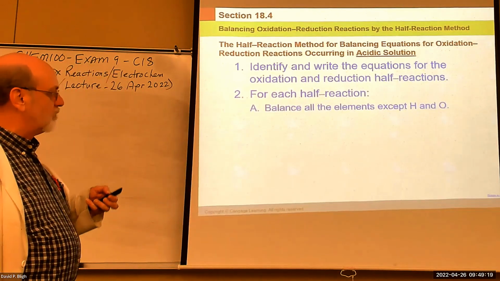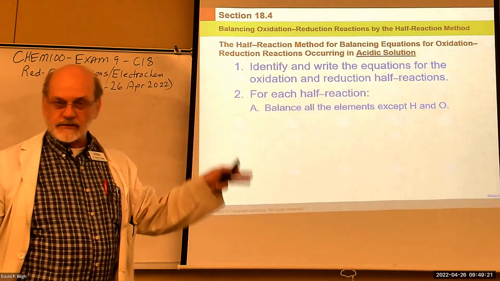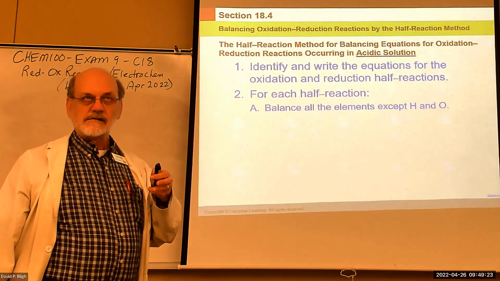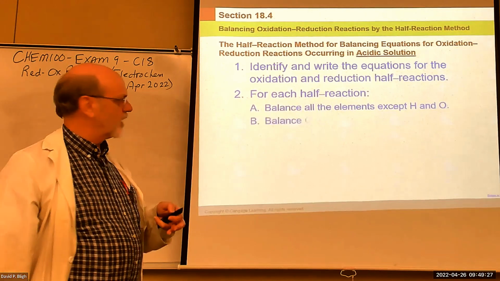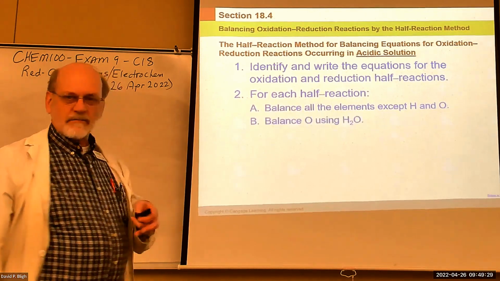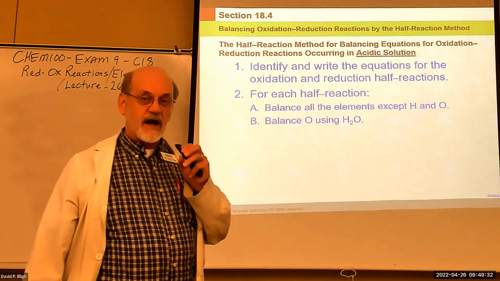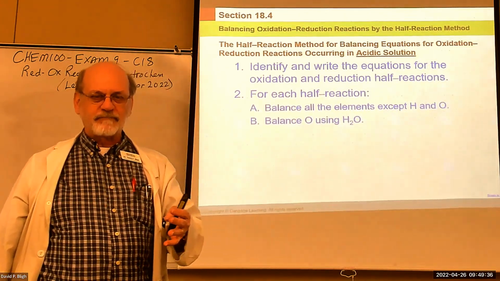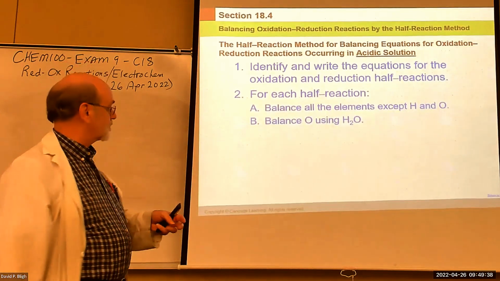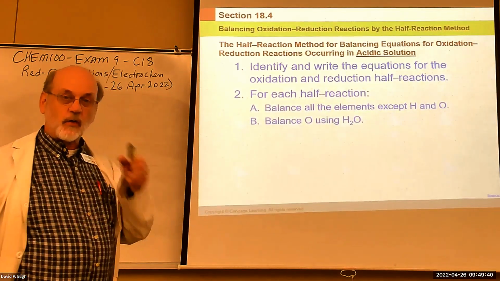And then you go and balance all the elements. Actually, do all the elements first. I think that would be better. Balance all the elements except hydrogen and oxygen. Don't do them yet. Then do your electrons. And then once you get the electrons balanced, balance the oxygens using water.